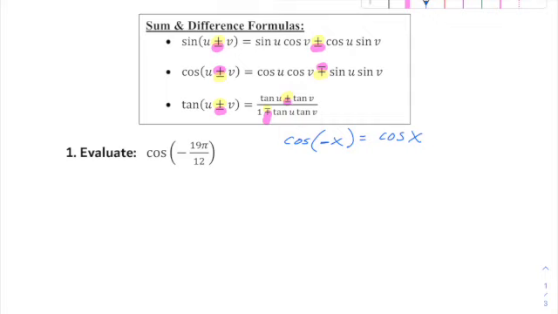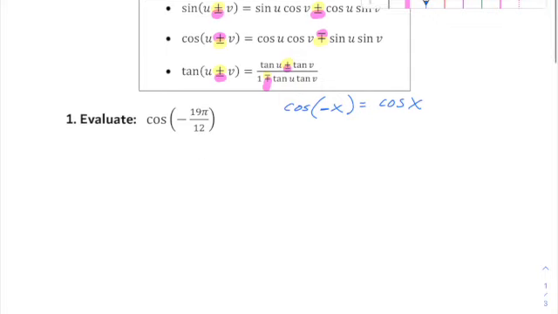So when you see this, cosine of negative 19 pi over 12, if you feel like that negative is going to add one little bit of annoyance, use your odd-even identities and say, well, that's the same thing as just doing cosine of positive 19 pi over 12, and just go from there. If it was a sine or a tangent, which are odd, then you would write the negative on the outside, right, to take the opposite of the sine or tangent.